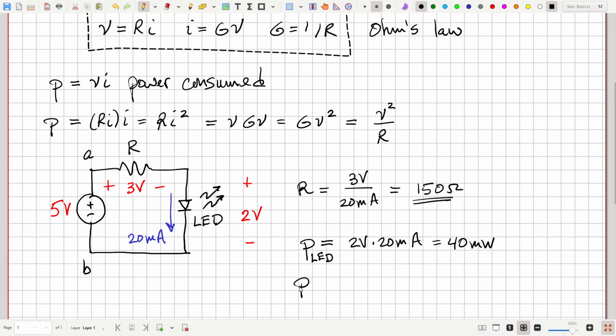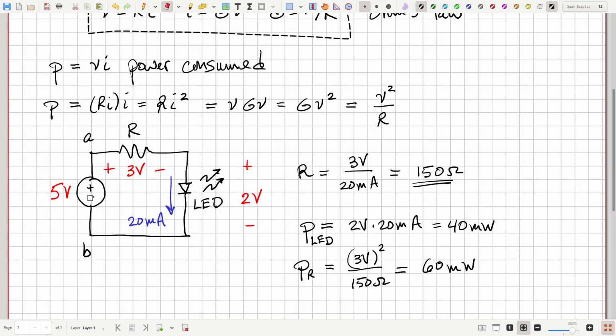How about for the resistor? What is the power consumed by the resistor? Well, we could use any one of these formulas, or 3 volts times 20 milliamps, or let's use this formula, V squared over R. So that would be 3 volts squared over 150 ohms, and that gets you 60 milliwatts.